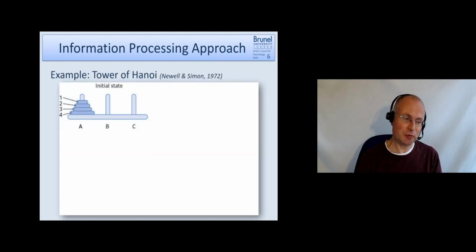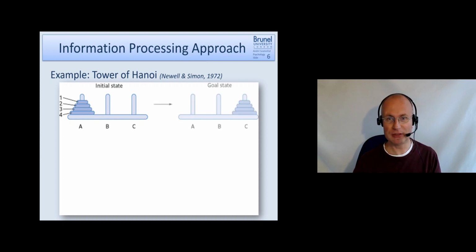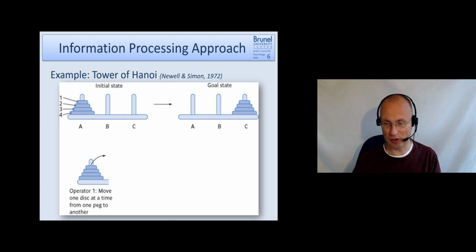An example which is very frequently used for these types of problems is the Tower of Hanoi or Tower of London task, and you probably know that very well. You have the start state where you have disks of different sizes on one peg, and your goal state is to bring them over to another peg. However, to do that, you have a couple of rules or operators.